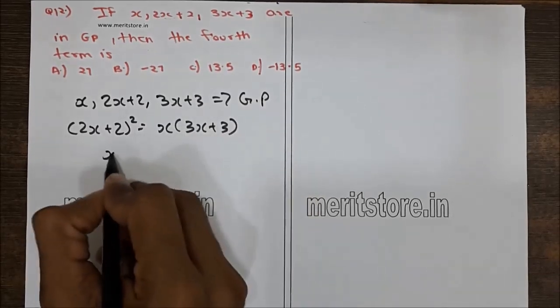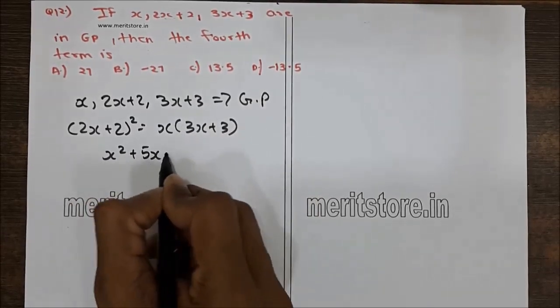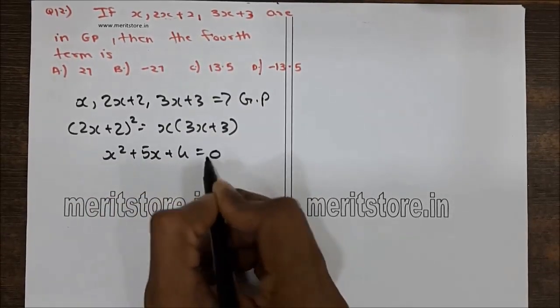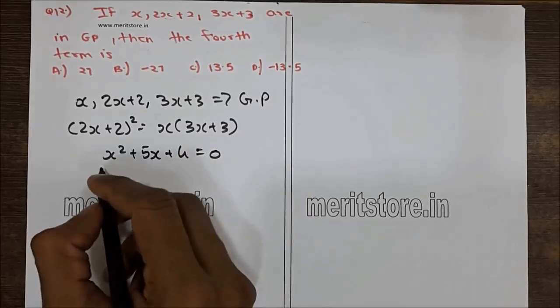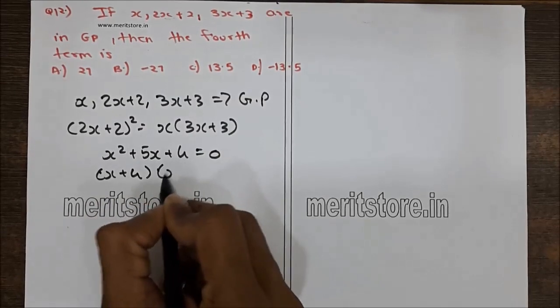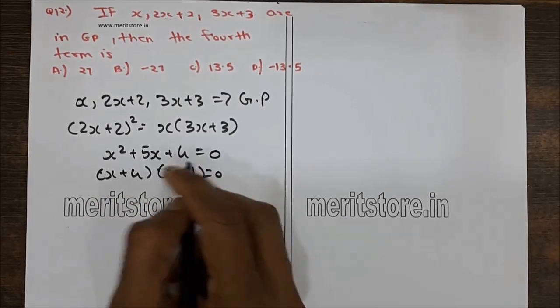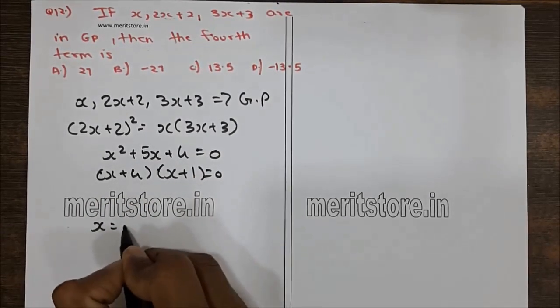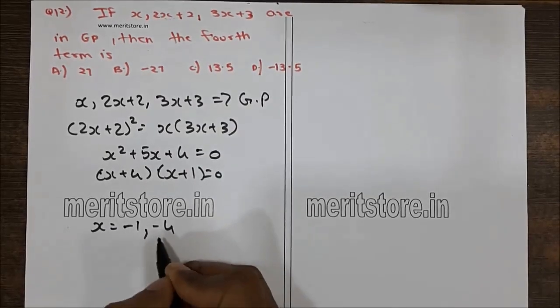Solving this further, we get x square plus 5x plus 4 equal to 0. Factorizing it, we get x plus 4, x plus 1 equal to 0. So we get x is equal to minus 1, minus 4.